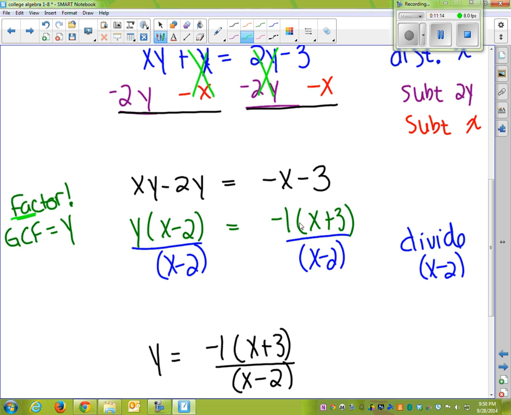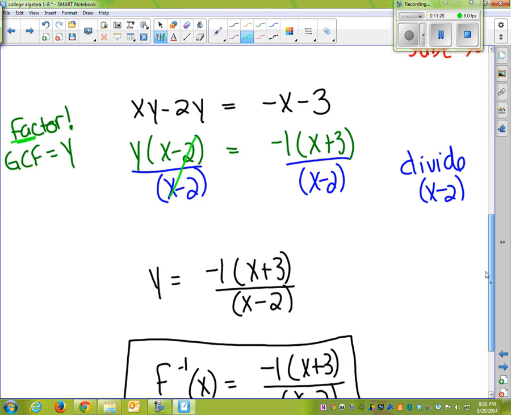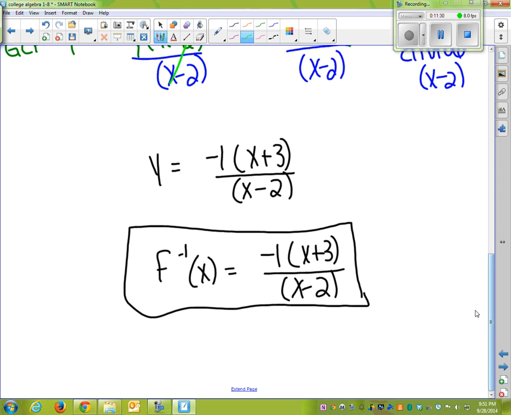So I pulled out the negative 1. Now I've got it set up where I can divide by x minus 2, canceling that, and leaving y by itself. Once y is by itself, I can then write it as my solution. The inverse function of x is negative 1 x plus 3 divided by x minus 2.